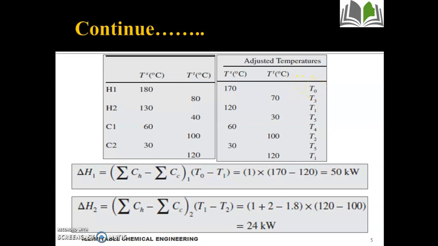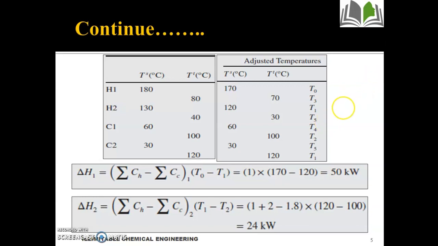The next temperature is 120, in decreasing order, so it is T1. We will not write 120 twice, we write only T1 for both.